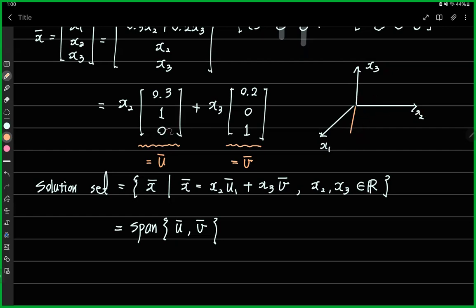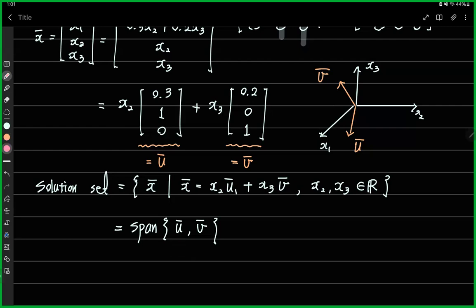Because x3 equals 0. Okay, this is vector u. This one is on the x1 x3 plane, so maybe like this. This is vector v, right? So the span of u and v is what? This must be the plane generated by u and v, right?